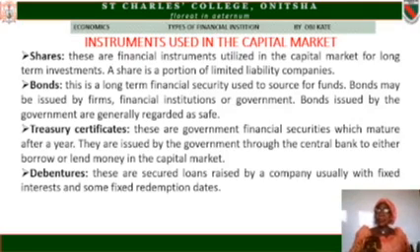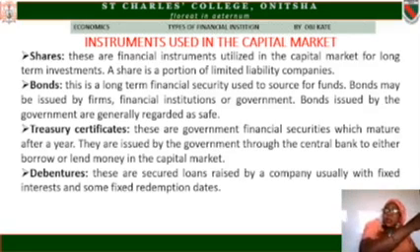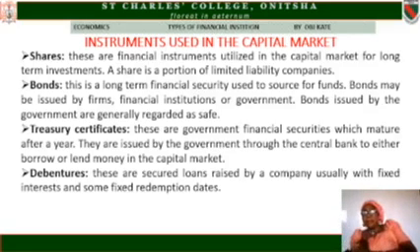So sometimes when government needs to borrow money from members of the public, what they usually do is sell bonds to the members of the public through the central bank via commercial banks. And when they sell that to you, you give money to them, then they pay you interest.